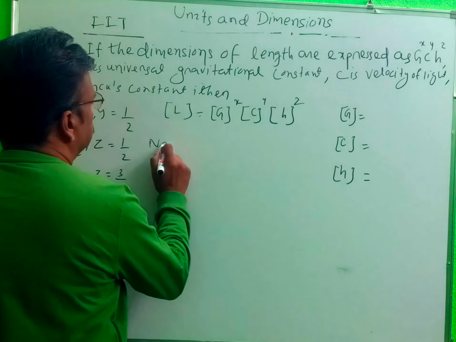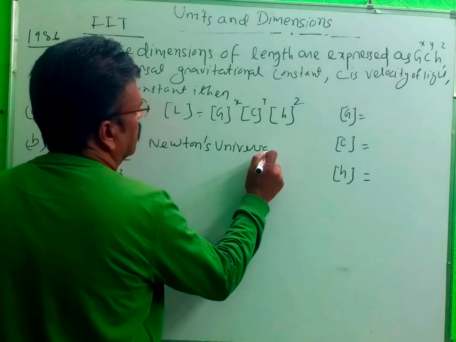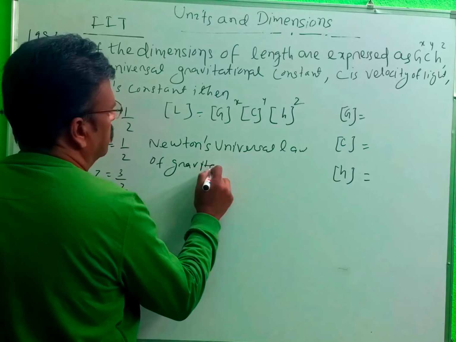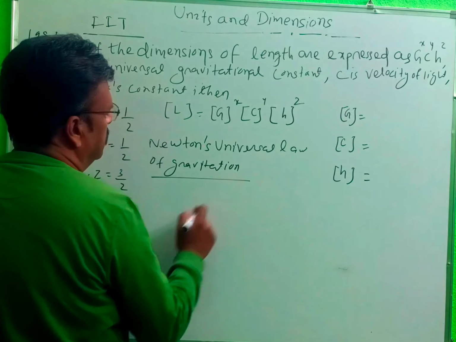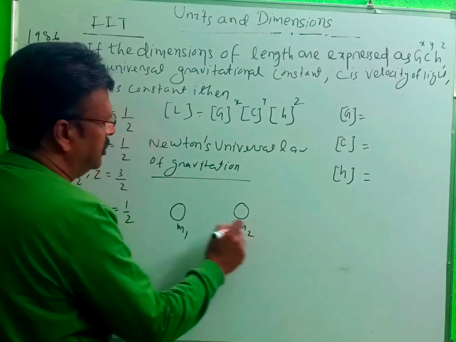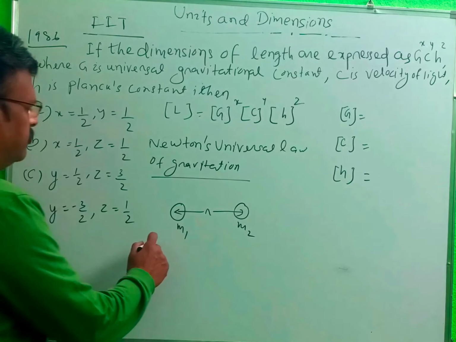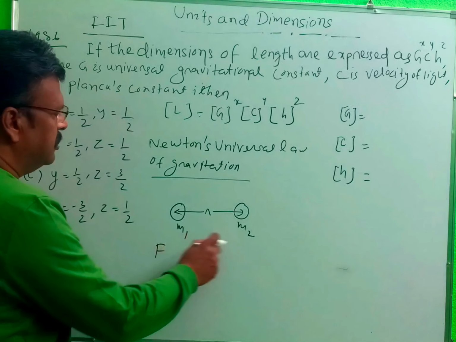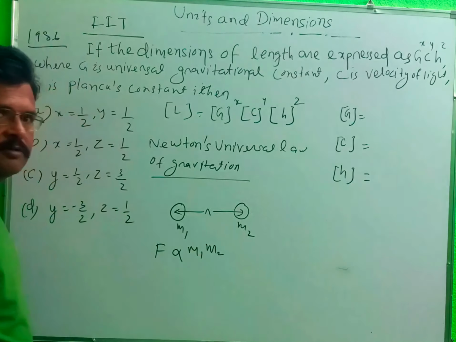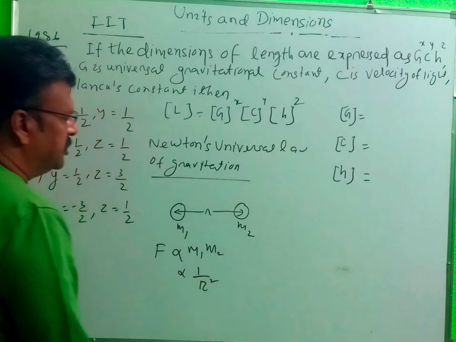We have studied Newton's universal law of gravitation. Okay, students? What does this law say? If there are two bodies having masses m1 and m2 separated at a distance r from each other, the gravitational force of attraction between the two bodies is directly proportional to the product of the masses and inversely proportional to the square of the distance between them.